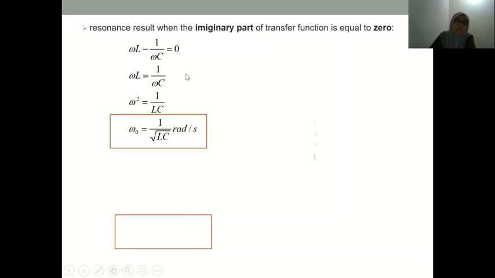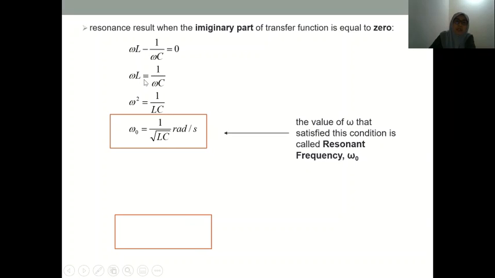Then omega L is equal to 1 over omega C. So omega squared is equivalent to 1 over LC. Finally, omega naught, which represents the resonance frequency, is equivalent to 1 over the square root of LC, in radian per second.